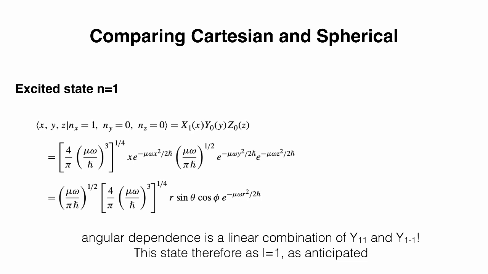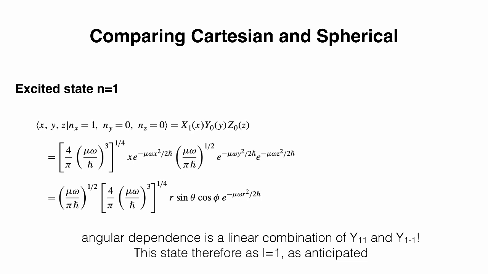When we do this, we end up with something that looks like a Gaussian times x, and we can replace x by r sine theta cos phi. Of course, this is just going from Cartesian coordinates to spherical coordinates. And we do see indeed that this is an L equals 1 state, and this is nr equals 0.